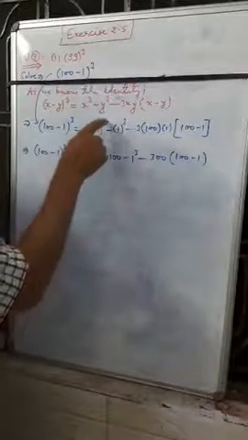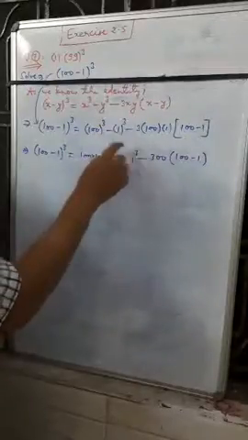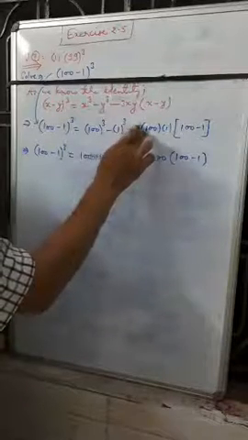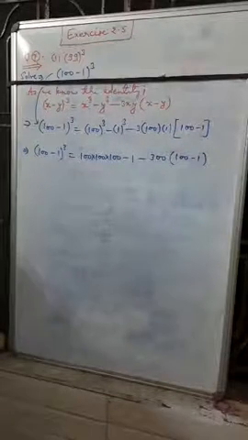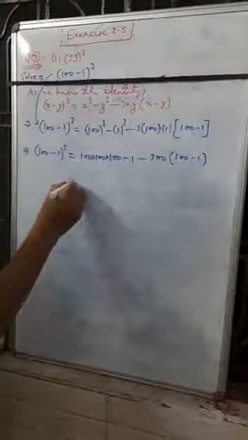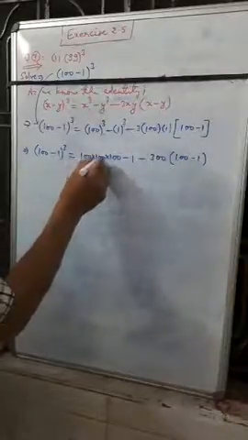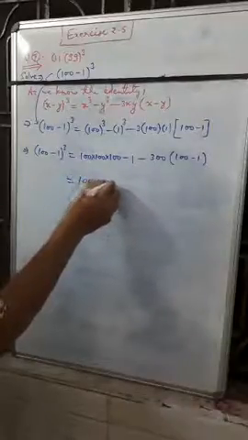Now 100 to the power cube is equal to 100 into 100 into 100, and minus 1 cube means 1, and minus 3 into 100 into 1, so 300, into (100 - 1). Next step, 100 into 100 into 100 gives 1 followed by six zeros, 1,000,000.